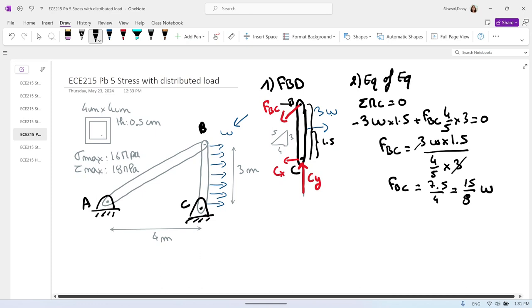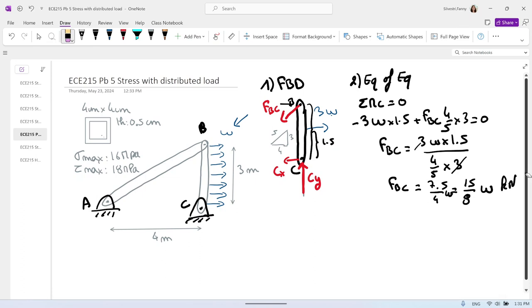Oh, and don't forget the W. W will be in kilonewton per meter, so FBC will be in kilonewton. And I put kilonewton because that will probably be a very high load.